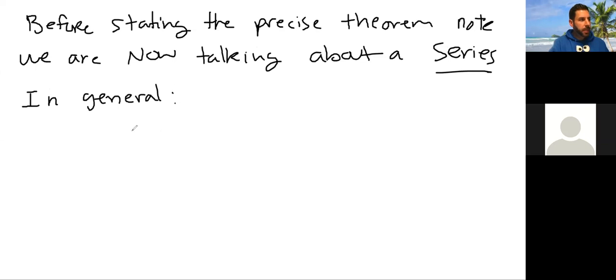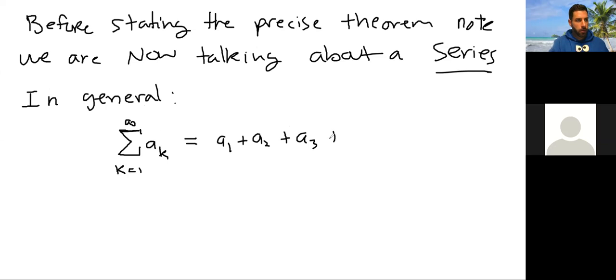So what does that mean? We're talking about something that looks like this: the sum as k goes from 1 to infinity, or 0 to infinity, of a sub 1 plus a sub 2 plus a sub 3 plus a sub 4.